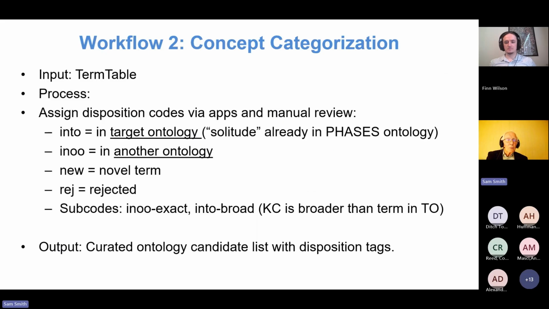The workflow 2 categorization process remains largely manual, but we are working to improve the automatic characterization. In particular, exact term matches may be found automatically.